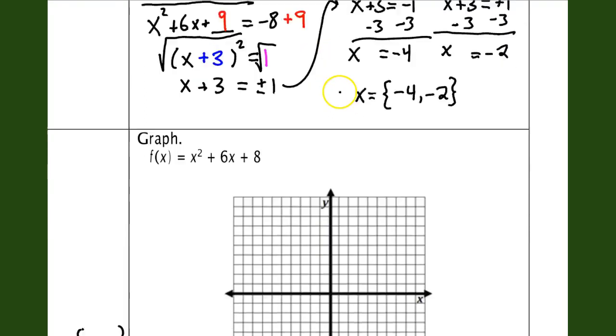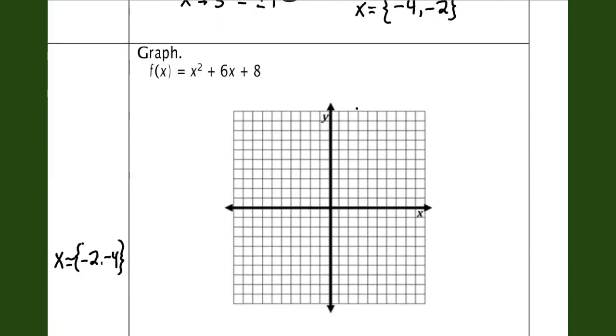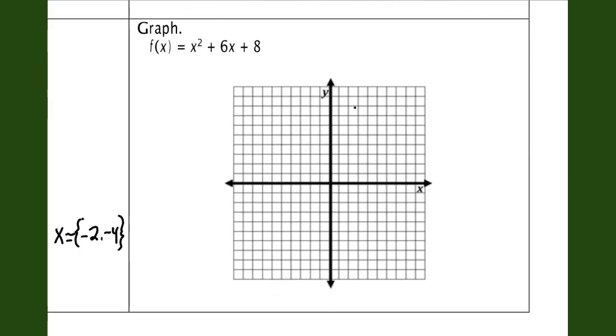Lastly is just to graph it. So there's lots of ways to start off by graphing. We can use some of the information we've already found out, but if we just go ahead and plug in values, we could figure out what the graph is that way as well.